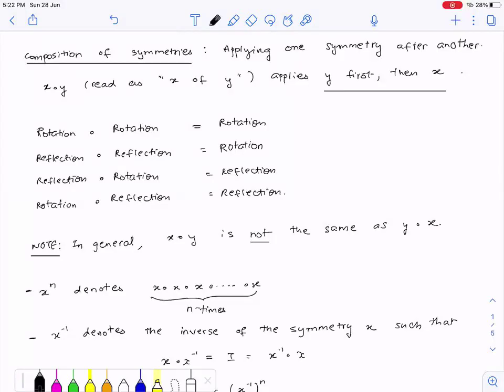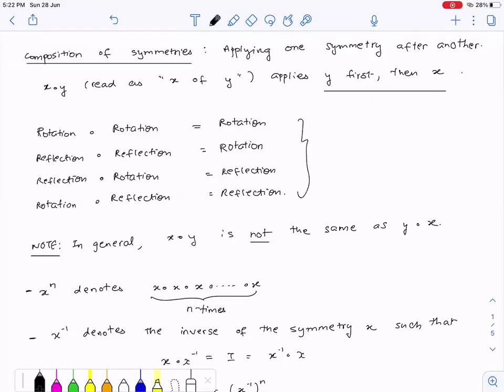So X of Y means that you apply Y first and then apply X. So you read it from right to left. Even in general, if you see functions f o g of x, that means f of g of x. So you apply g of x first and then you apply f. This is kind of like that.